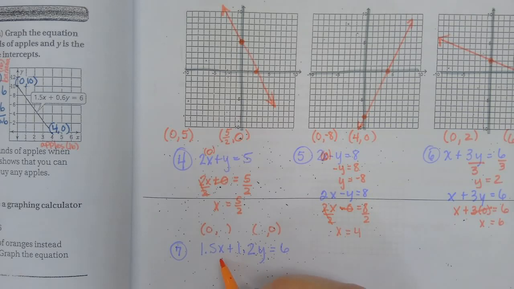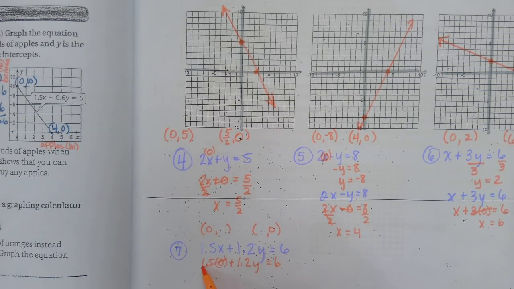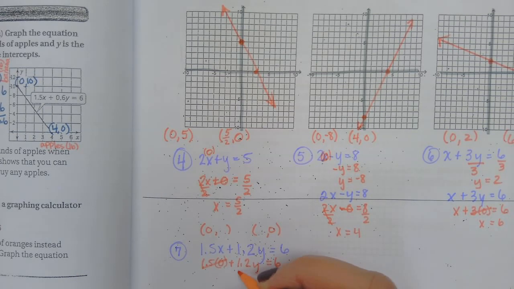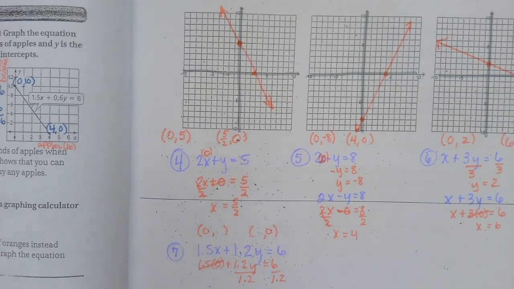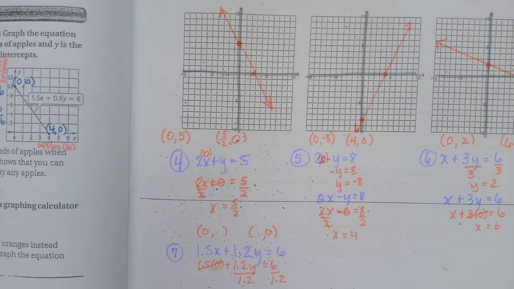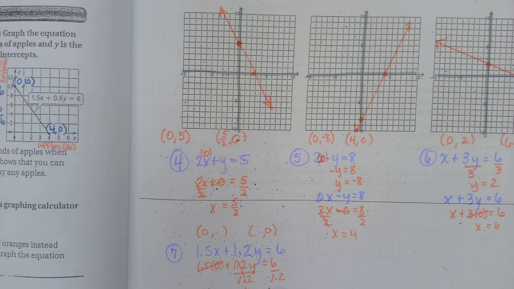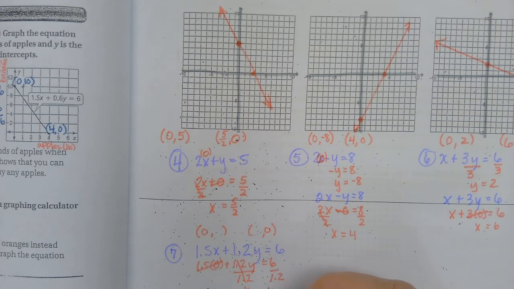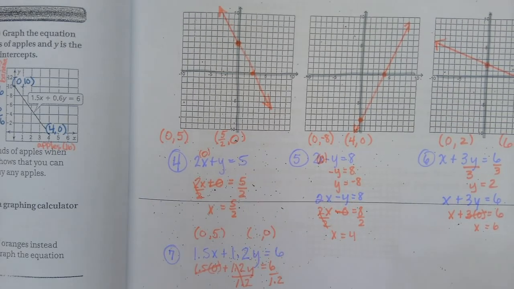So if I put 0 here, those are gone because that gives me a 0. Divide by 1 and 2/10. So I'm going to go ahead and divide, so those are gone. So y equals 5. So when 0 is for x, I get 5 here.